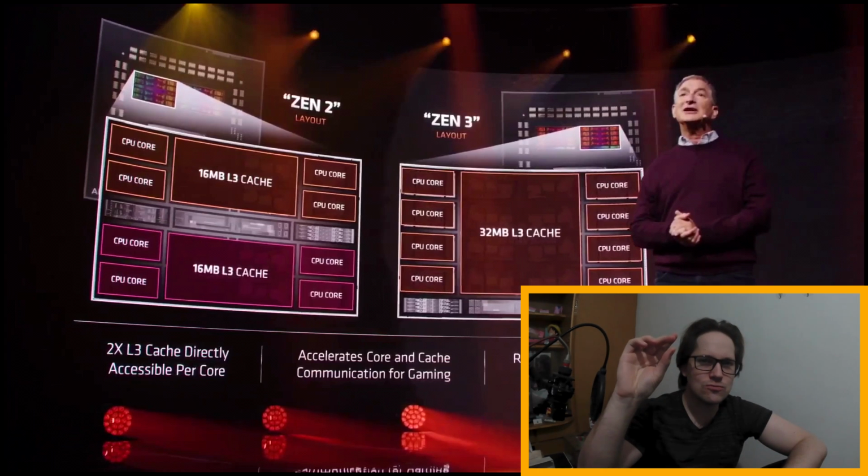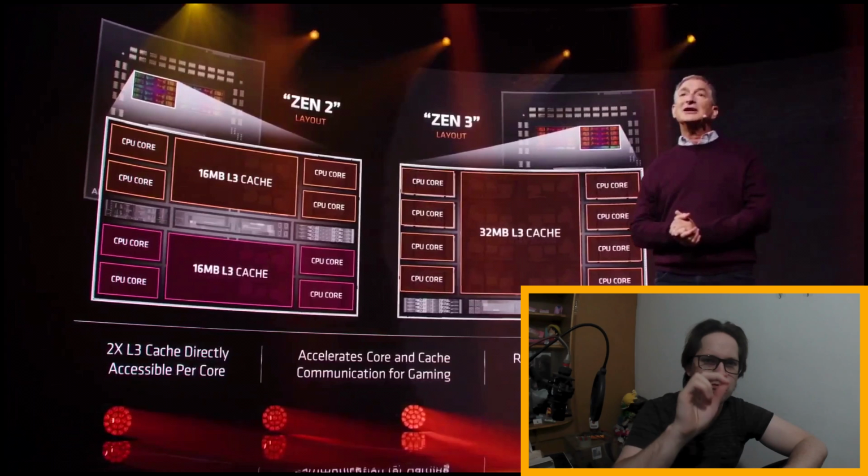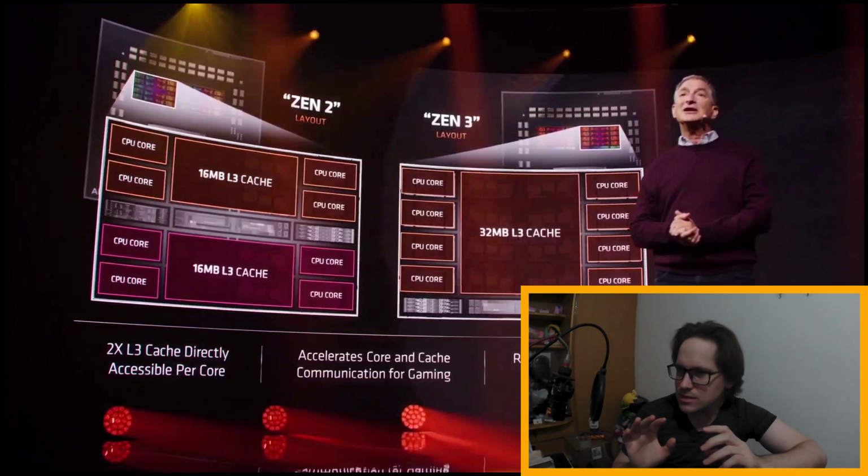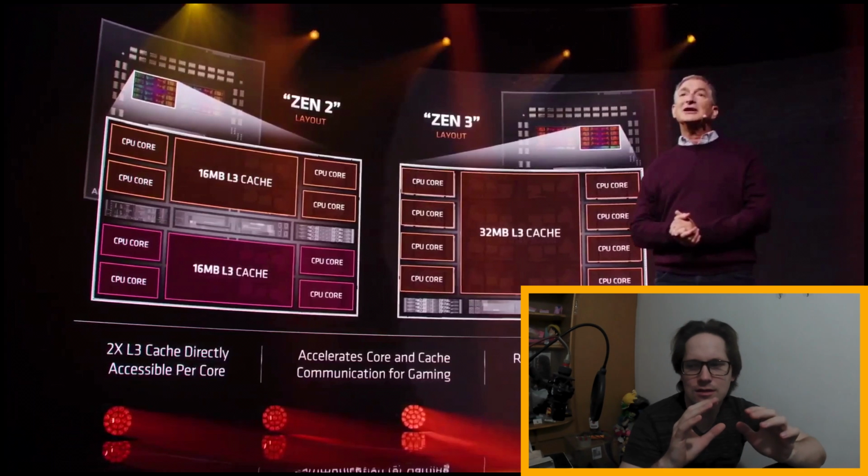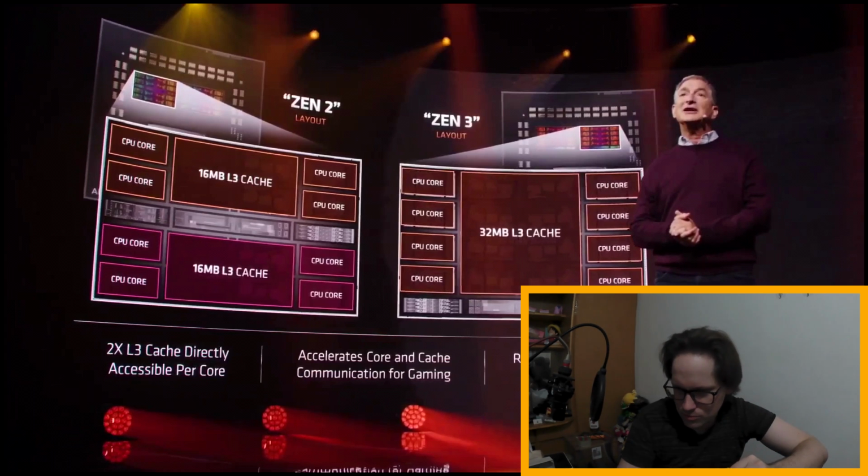If this CPU wants to get something from this cache, it has to go across the whole die to this cache and back. But on the Zen 3 layout, the cache is unified. So 32 megabytes of level 3 cache. Definitely reduces latency that way.